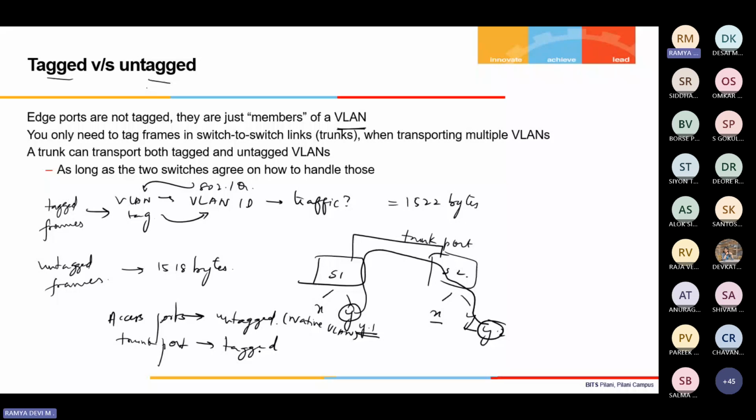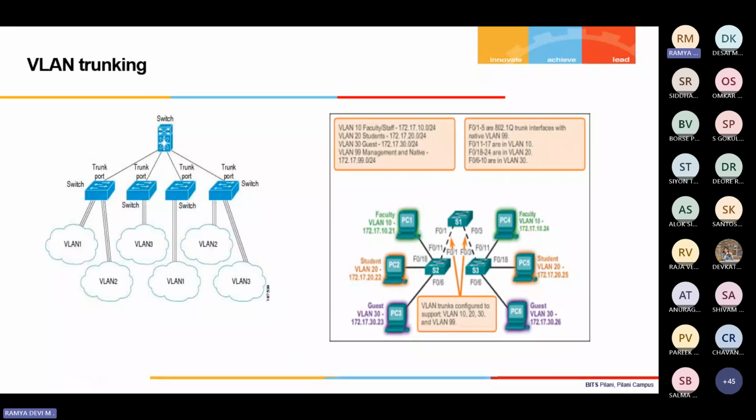So VLAN trunking, tagging versus untagged. As you can see here, this is a central switch. It will be connected to multiple switches: switch 1, switch 2, switch 3, and switch 4, and there is a central switch. All these switches, from one switch to another switch, are connected through the trunk port, and all the systems will be connected with the edge devices.